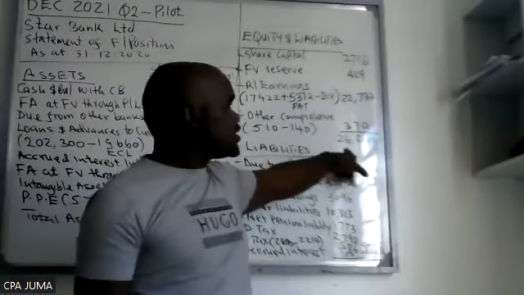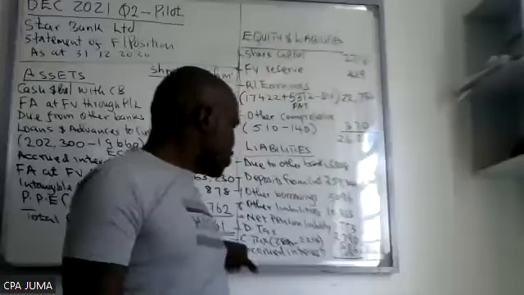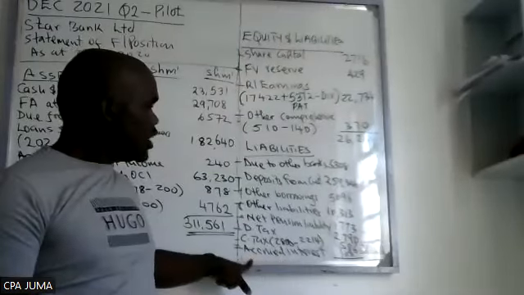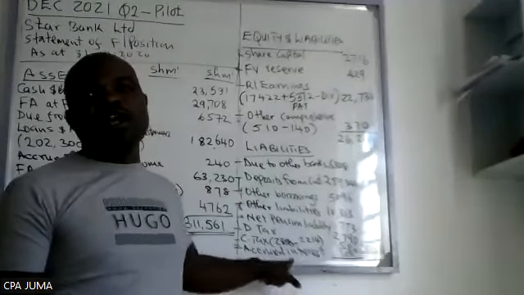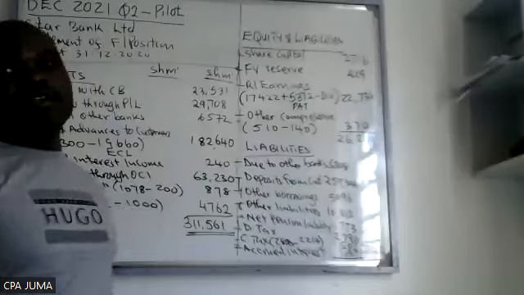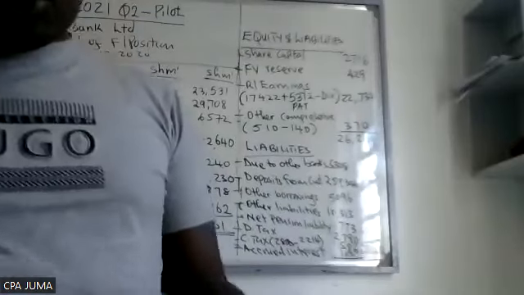When you add 26, 249 plus this total, you call it total equity and liabilities down there. Confirm whether it is balancing with our total assets. If yes, then that question ends there.